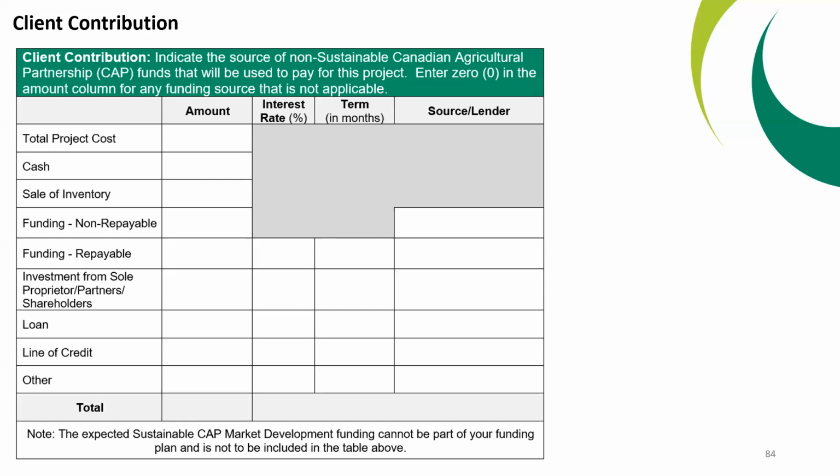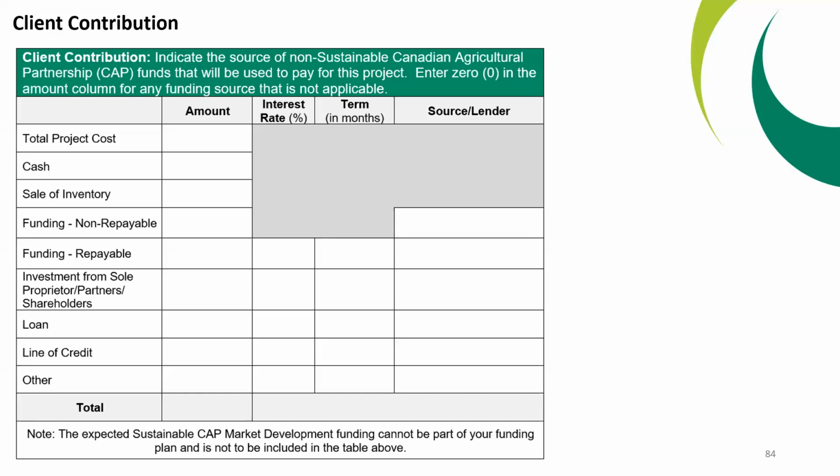The reason is because this program will make its contribution on a reimbursement basis, which means you don't actually have the money from this program up front to buy the services and goods that you're planning to buy. So maybe there's some other funding you're getting, some other program, you can put that on there, but do not put this program on there.